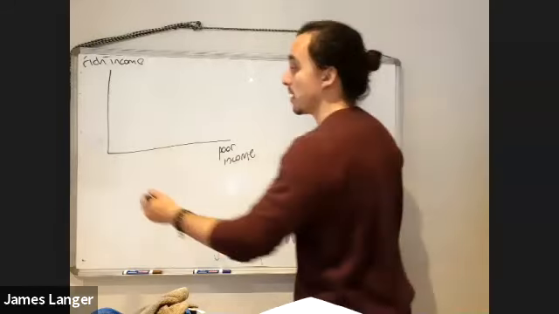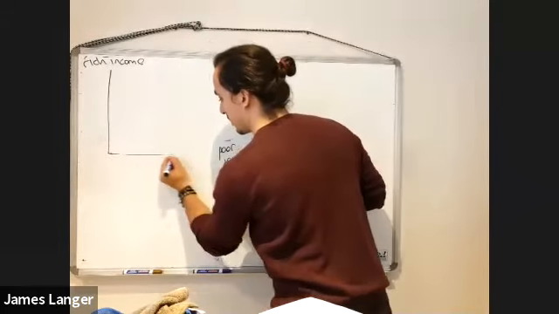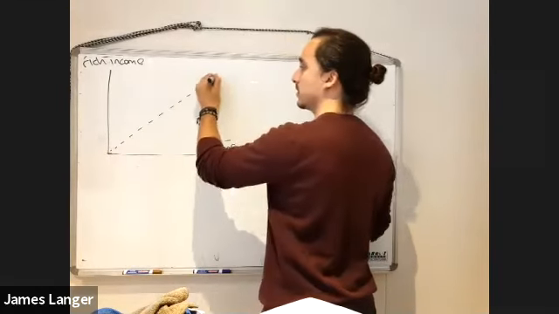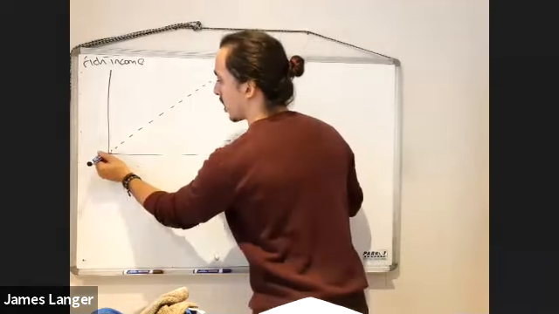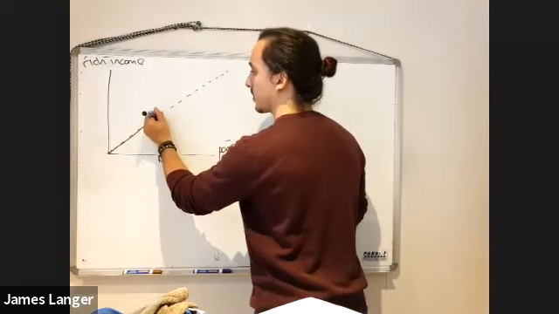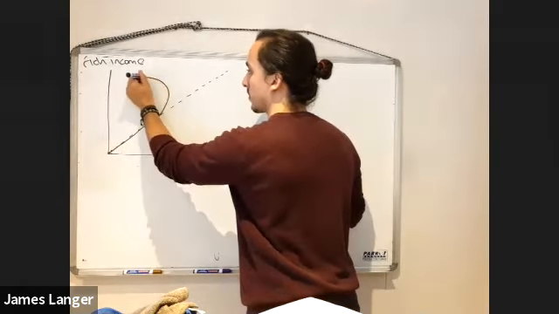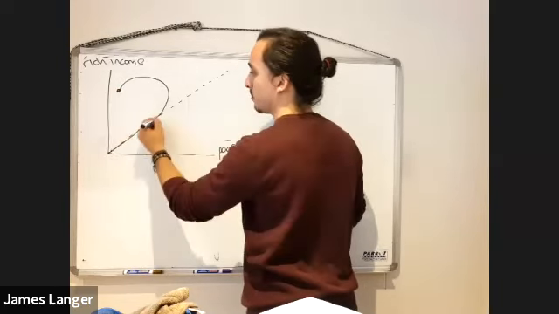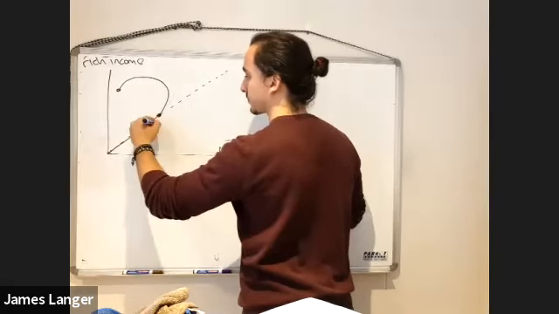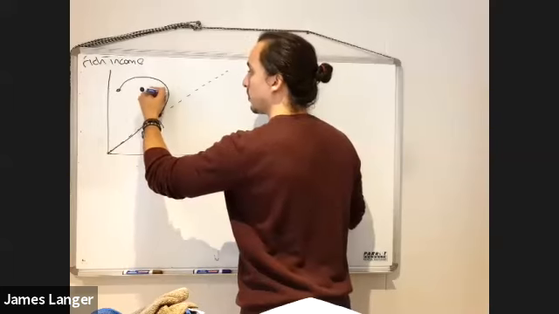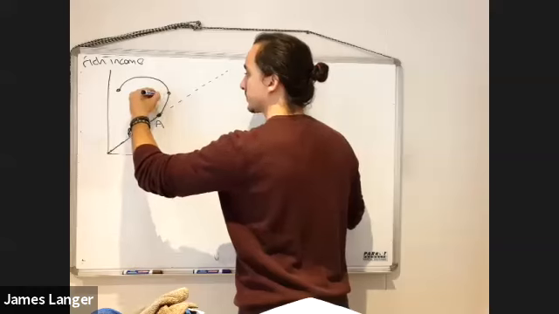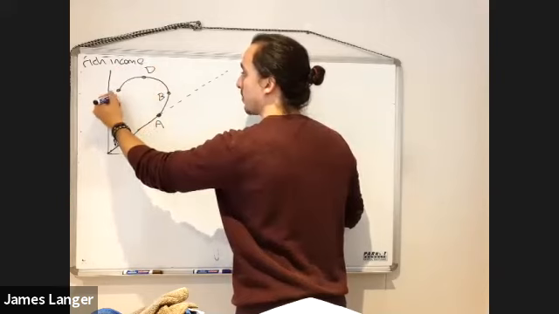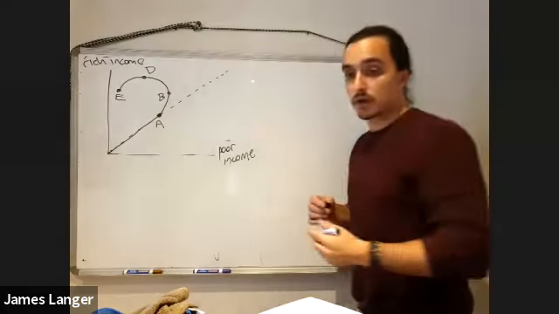Okay, sweet. So remember, we've got our 45 degree line. And what we've drawn is a curve that goes like this. We've got point A, we've got point B, we've got point D, and we've got point E. Okay?